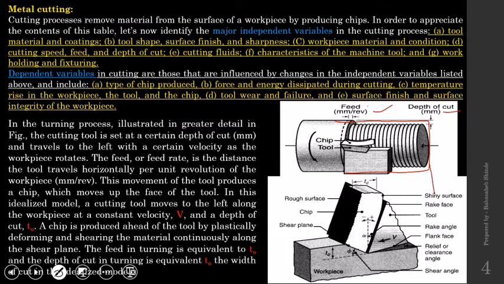I will start machining from this end, and when I complete one cut throughout the workpiece surface or throughout the required length, the amount of material to be removed in a single pass is nothing but the depth of cut. And the second one is feed rate.